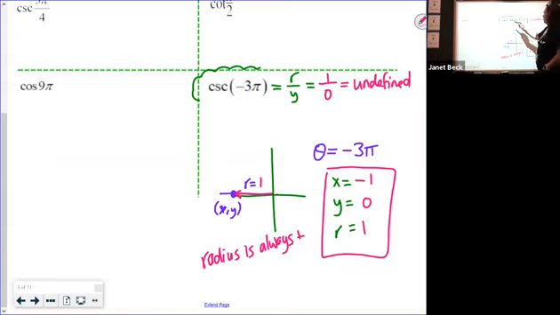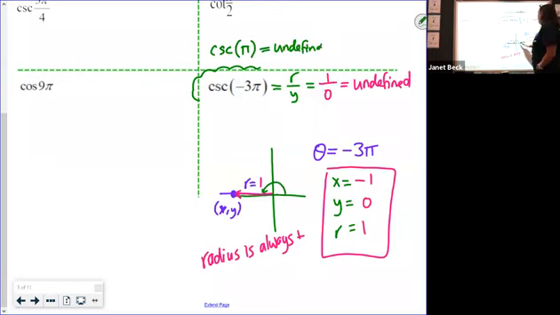This picture would work for any angle that finishes on that terminal ray. It would work for positive pi. This would be the cosecant of just pi, which you could call 180 degrees. That would be undefined.